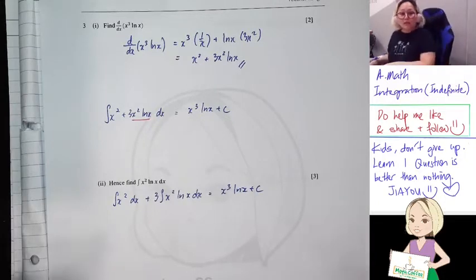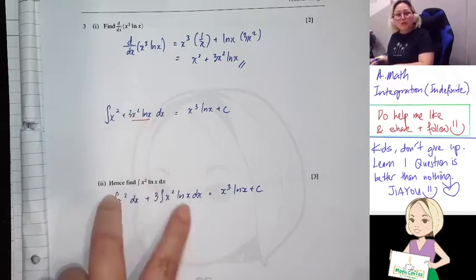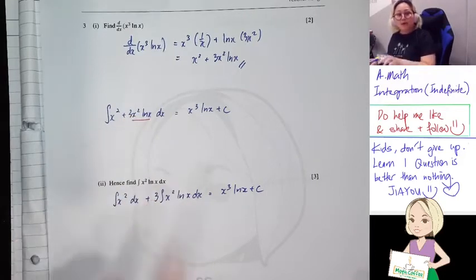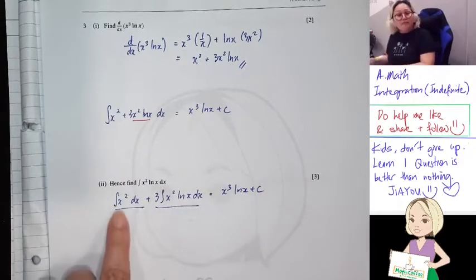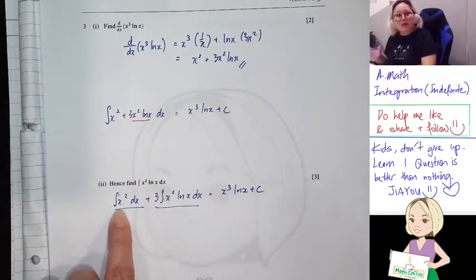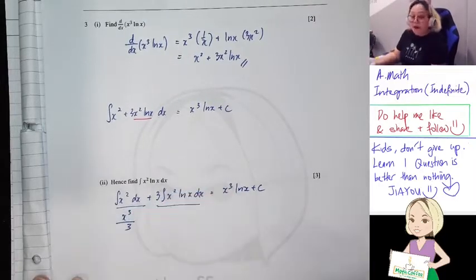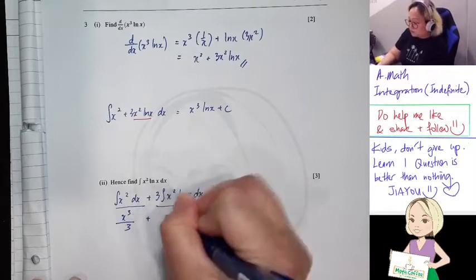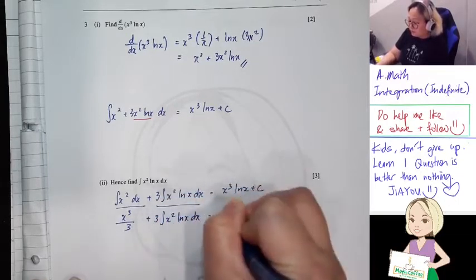I take out the constant 3 and put it outside here. So there are 2 terms here. This first term, you can integrate as per normal, so it will be x cubed over new power. This one just copy because we are not able to integrate this one. We just put it there.